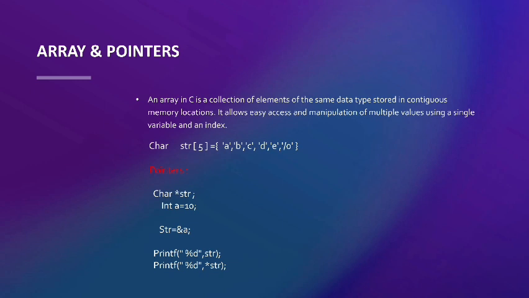A character is given under single quotation marks, and many can be stored in an array. If we give a specific size for the array inside the square brackets, you can give any number. In this case I have given 5, so you can store 5 characters.